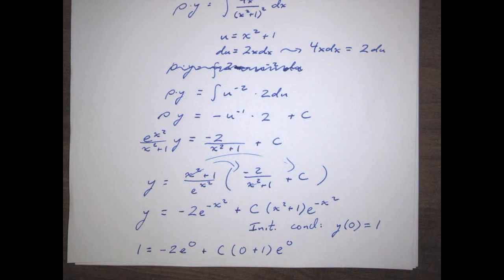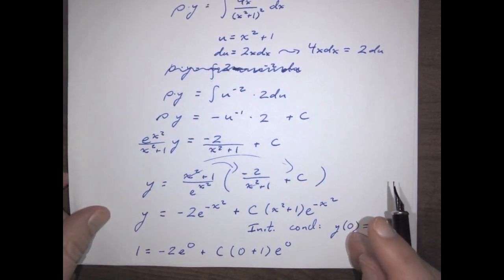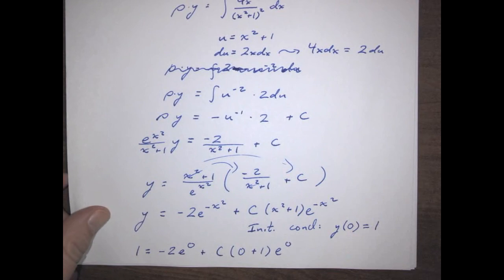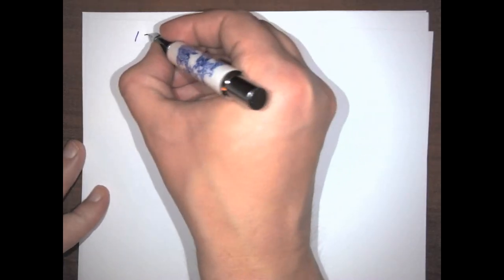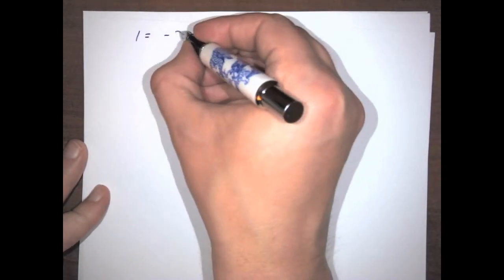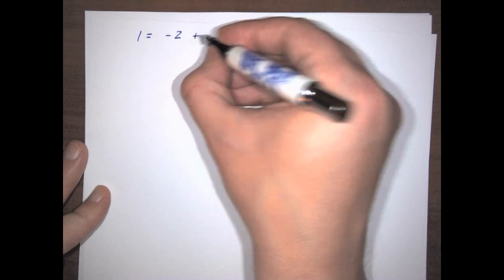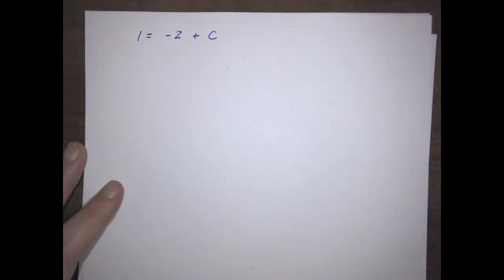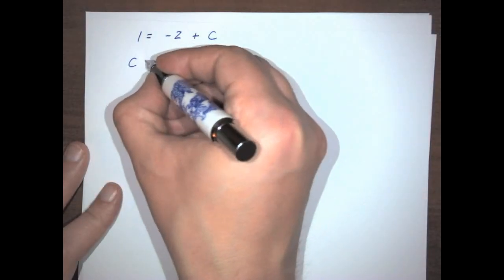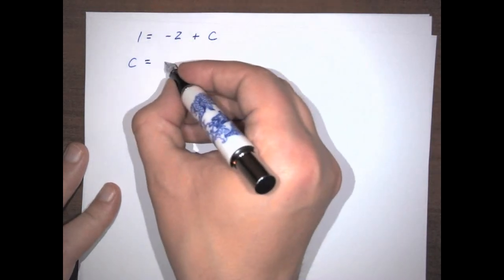So all the e to the zeros are just going to equal 1. And so what we have here is that 1 is equal to negative 2 plus c, which by my calculations gives us c is equal to 3.